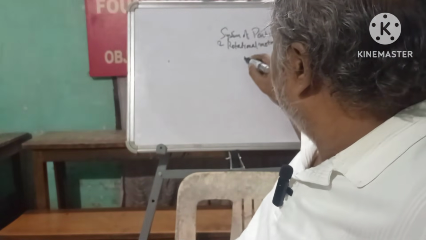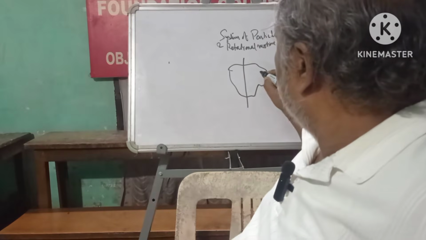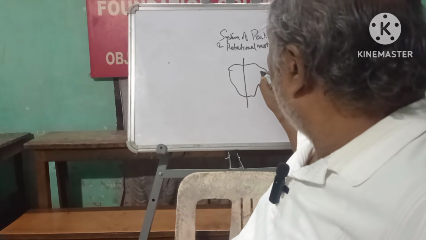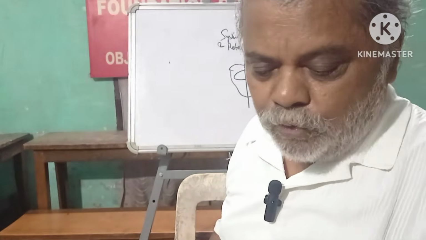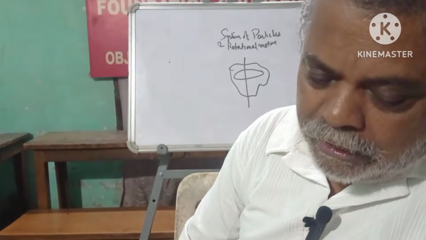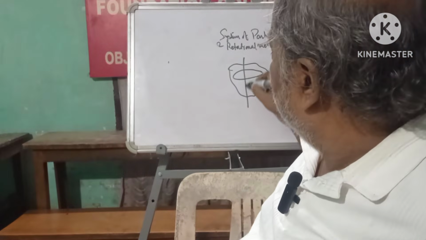Suppose this is a rigid body, and this is a point P. This point P will rotate like this, in a circle which lies in a plane perpendicular to the axis.